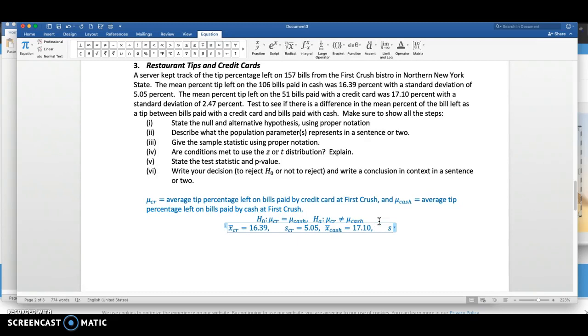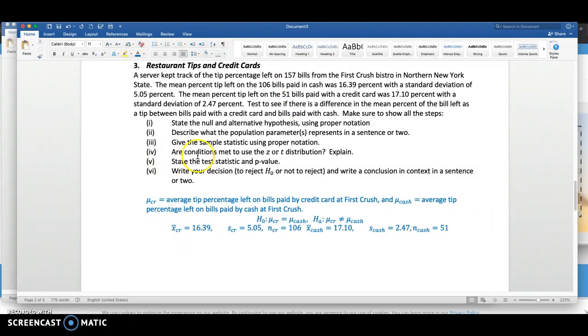And the standard deviation for cash is equal to 2.47. Oh, let me add here the sample sizes. We have two different sample sizes. The number of credit card bills was 106. And then over here for the cash group, that was 51 bills paid in cash. So that's the sample statistics.